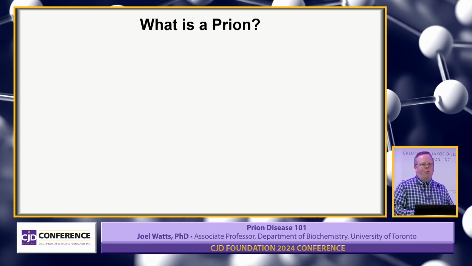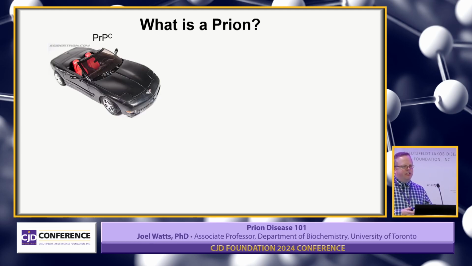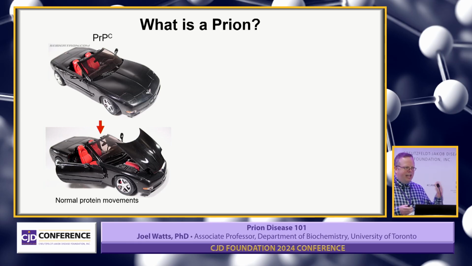Okay, so what exactly is a prion? For those of you who were here last year, you'll probably remember this slide. So you can think of PrP-C, the normal prion protein, as a Chevrolet Corvette. Prions are like all proteins. They are not actually static. They're dynamic entities. Their structures can fluctuate slightly. So you can change some subtle things to make the protein appear differently.